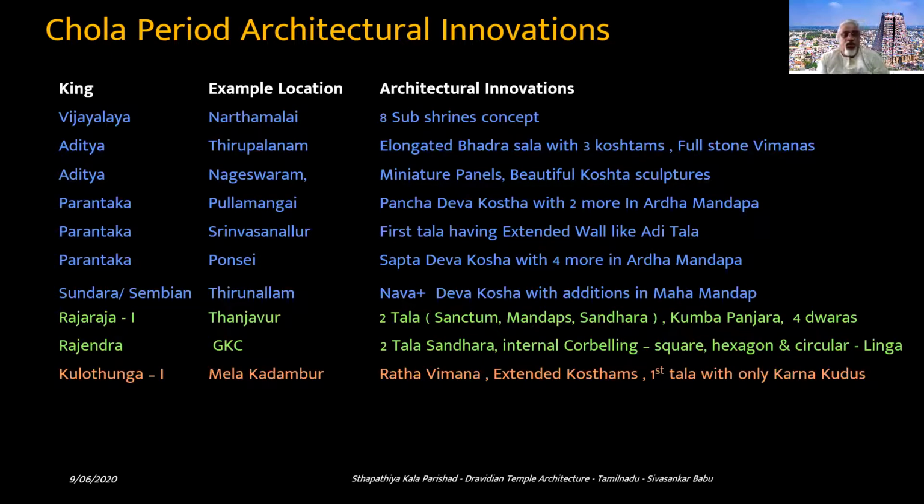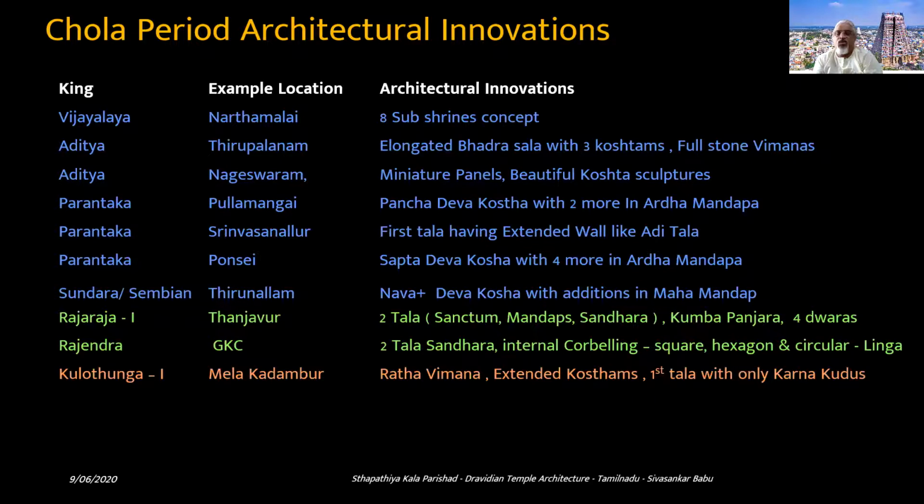Later on, down the line after 2-3 generations, Kulothunga, who shifted from Vengi and continued the Chalukya Chola dynasty, brought some of the impact of Vengi, and he started building sun temples in a big way, and he started building the first Ratha Vimana.